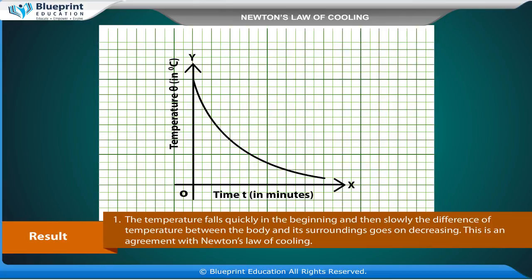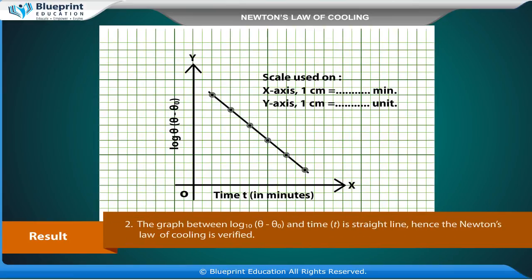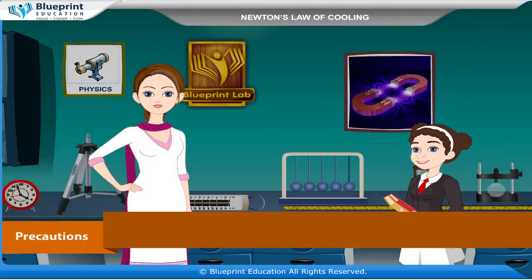The temperature falls quickly in the beginning and then slowly, as the difference of temperature between the body and its surroundings goes on decreasing. This is in agreement with Newton's law of cooling. The graph between log10(θ − θ0) and time t is a straight line. Hence, Newton's law of cooling is verified.